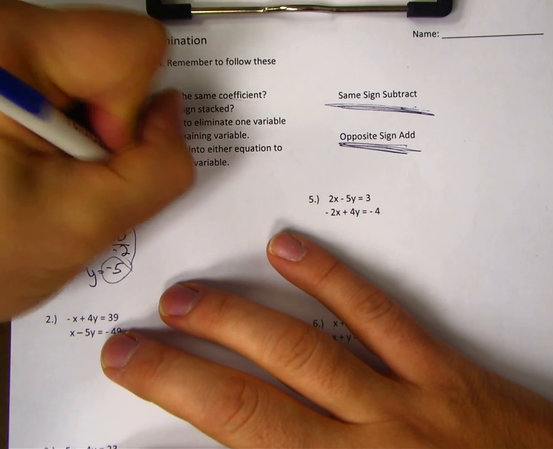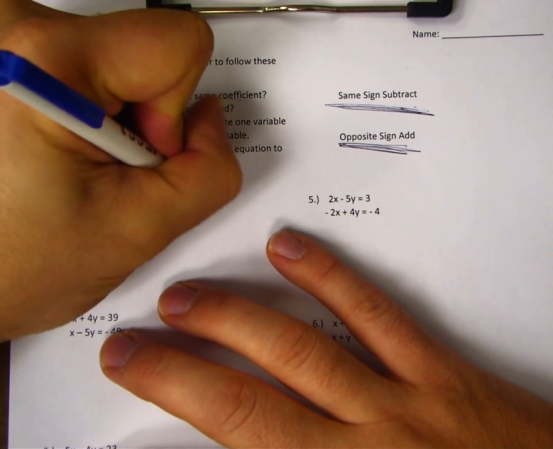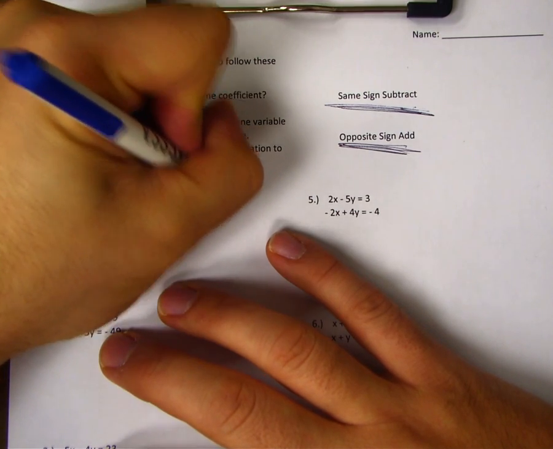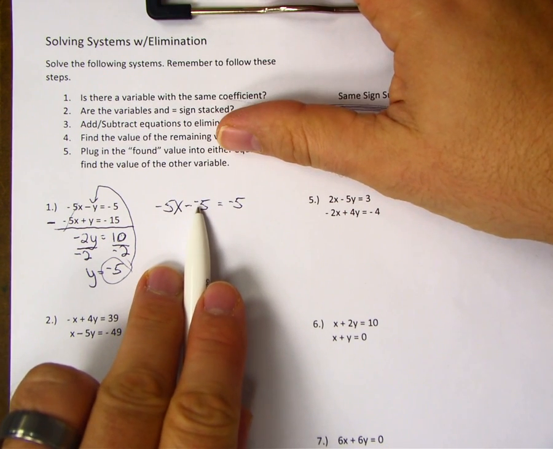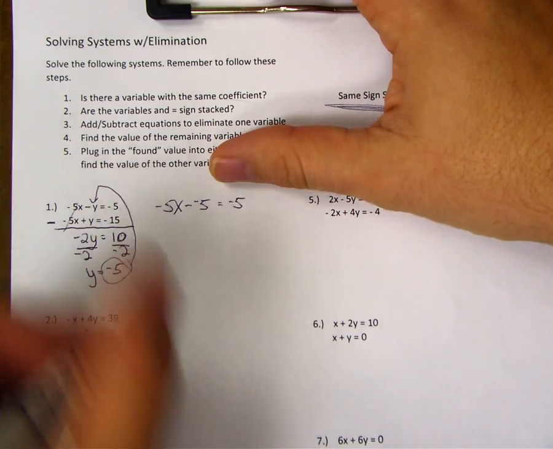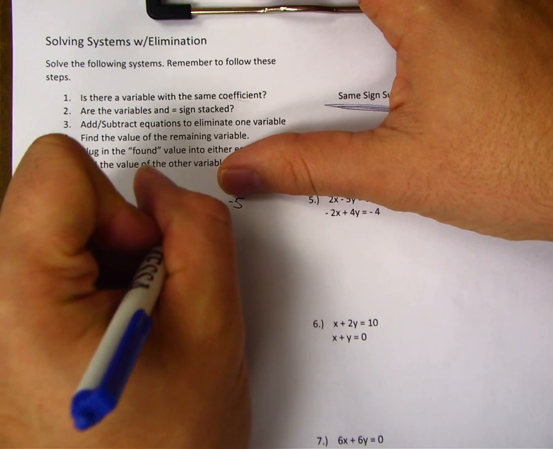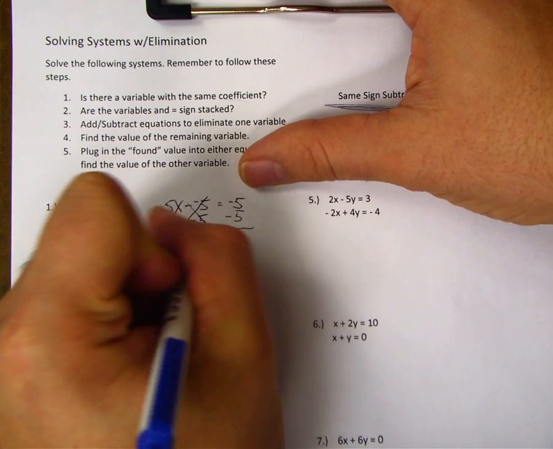So I'm going to say negative 5x minus negative 5 equals negative 5. And if I look at this, minus a negative 5 is actually plus 5. So to get rid of that, I've got to subtract 5 over on this side.